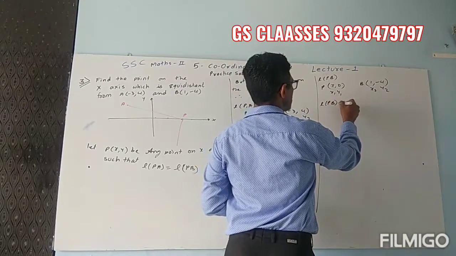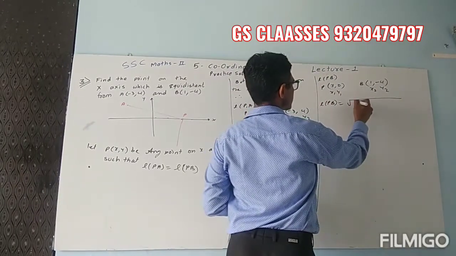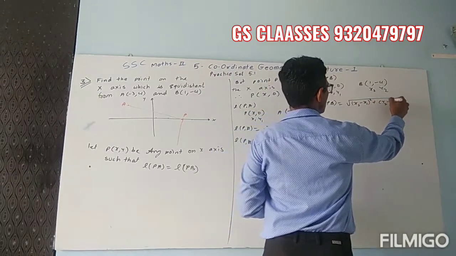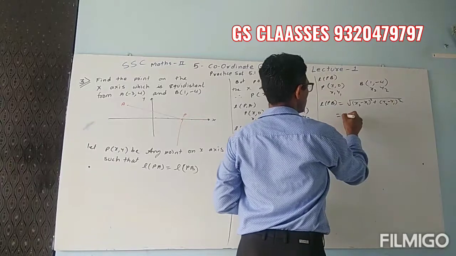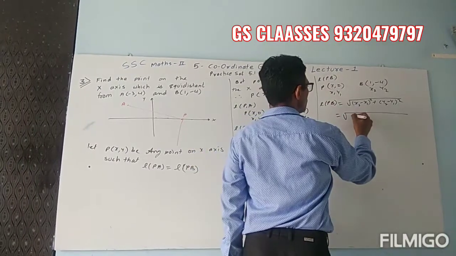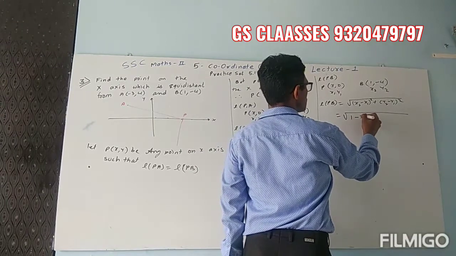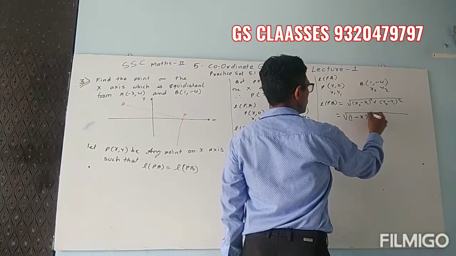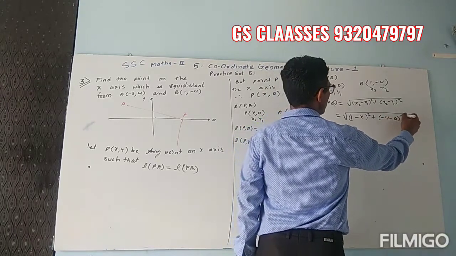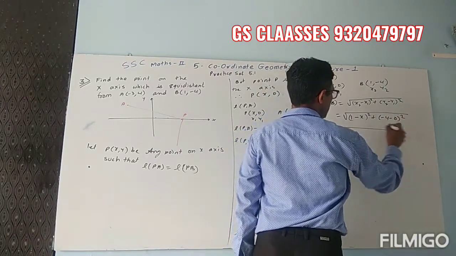Length PB is going to be the square root of x2 minus x1 the whole square plus y2 minus y1 the whole square.